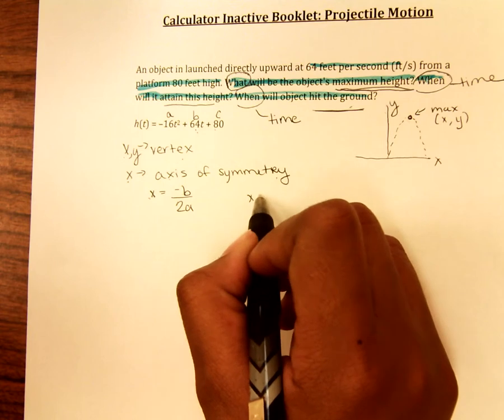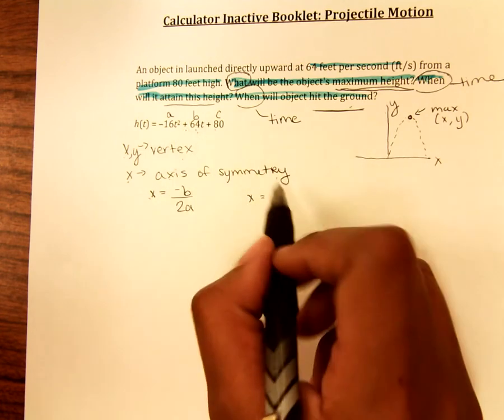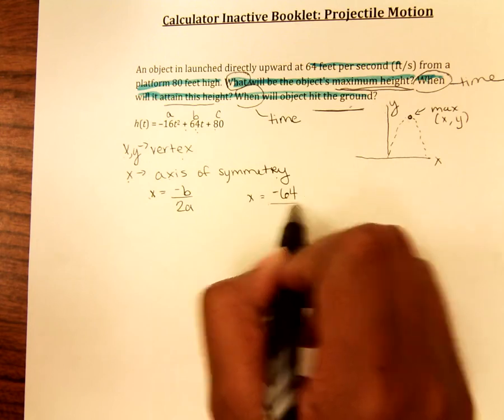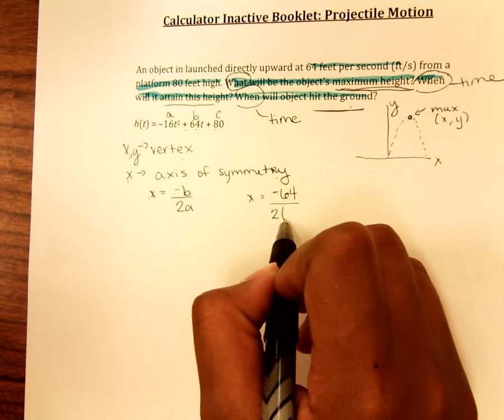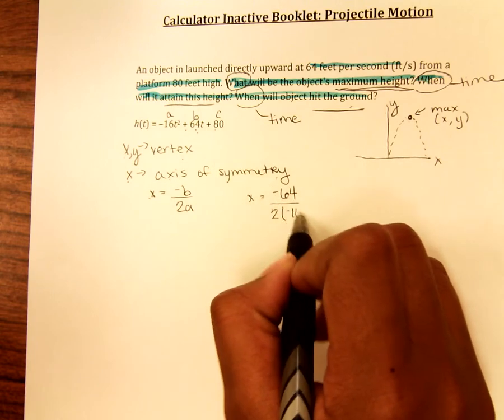So X equals opposite of B. If that's positive 64, I have negative 64, all over 2 times whatever my A is. In this case, my A is negative 16.